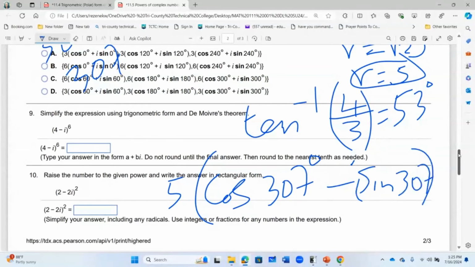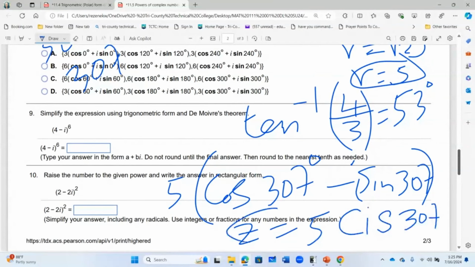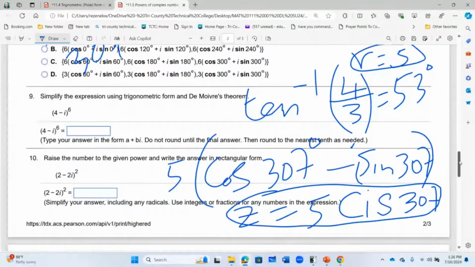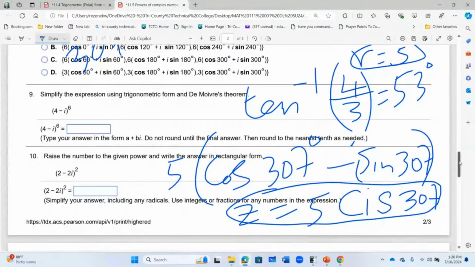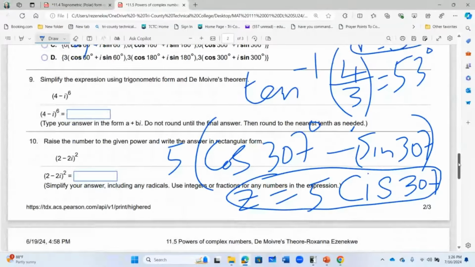If I'm told to write it, my answer is Z equal to 5 cis 307. In other words, I can convert a complex number in rectangular form to polar or trigonometric form.